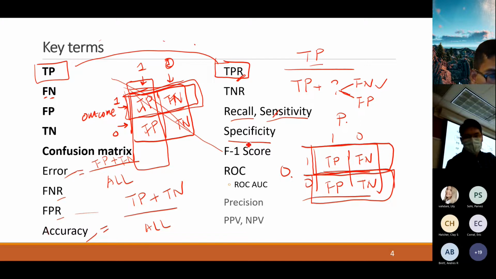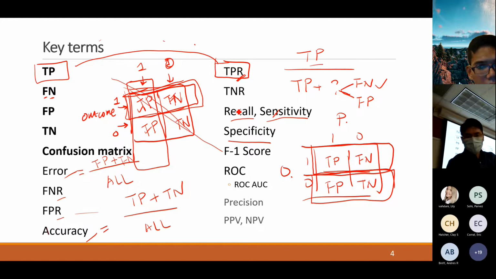But to answer the question, if a model has better recall and specificity than the other models, then you can say with confidence the model is better, because there are no other sides that are missed. Those are all the considerations that you can have.